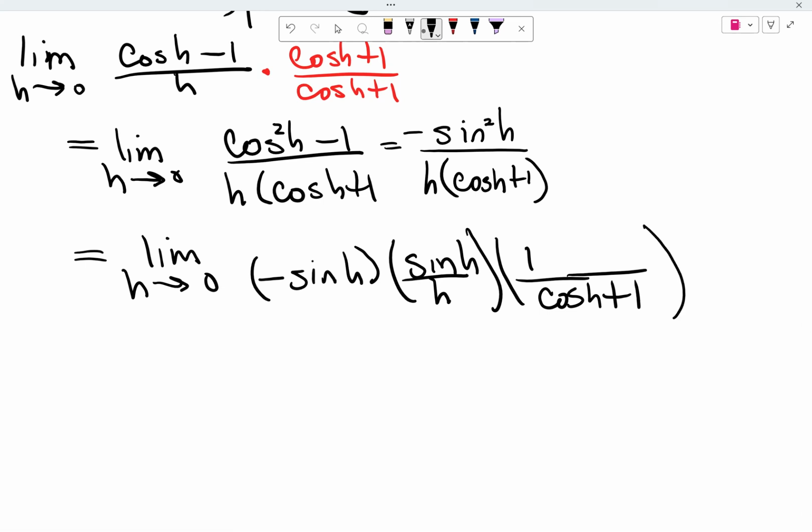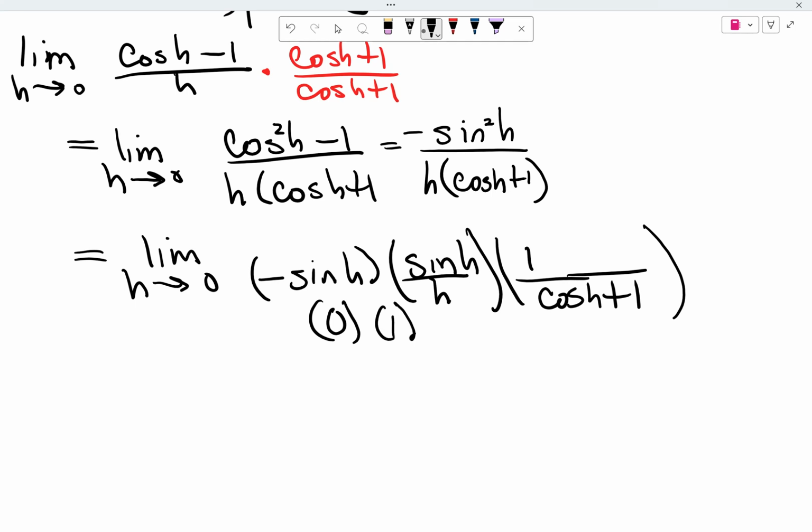Using your calculators, if you look at the value as h approaches 0, this gives you negative sine of 0. Negative sine 0 becomes 0. This is sine h over h, which technically becomes 1.